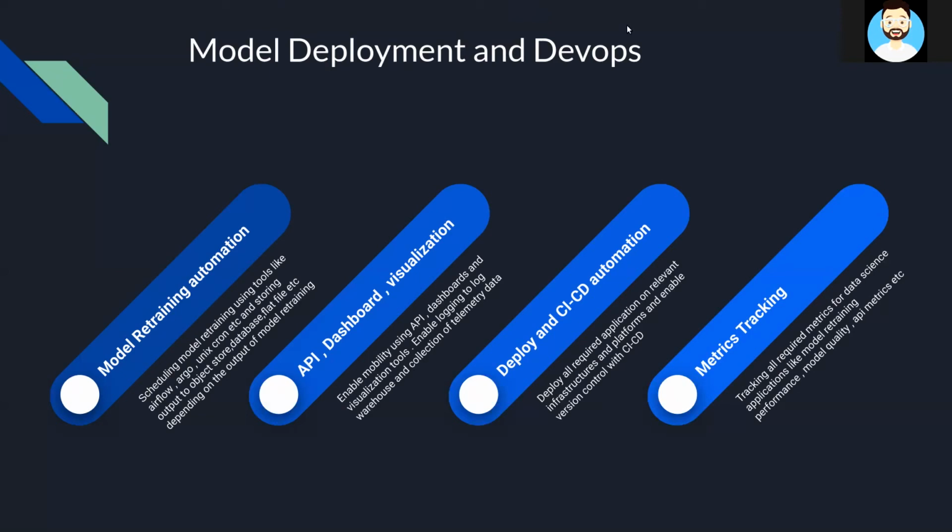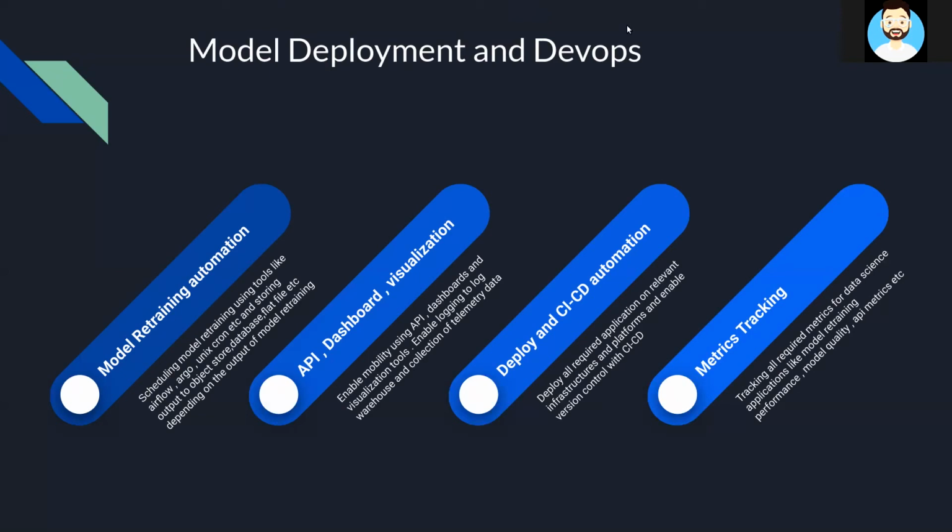Depending on the output of your model retraining, if it's a pickle file or some file data, you can store it in an object store. If it's tabular data, flat files or an RDBMS; if it's graph data, a graph DB; if it's NoSQL data, MongoDB or something like that.